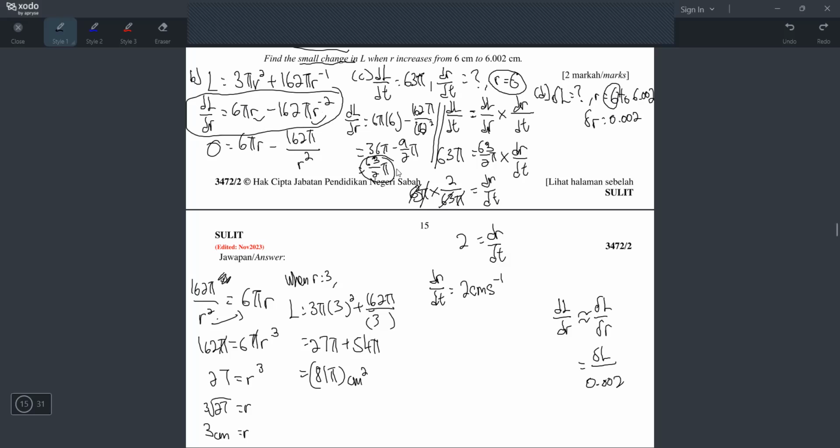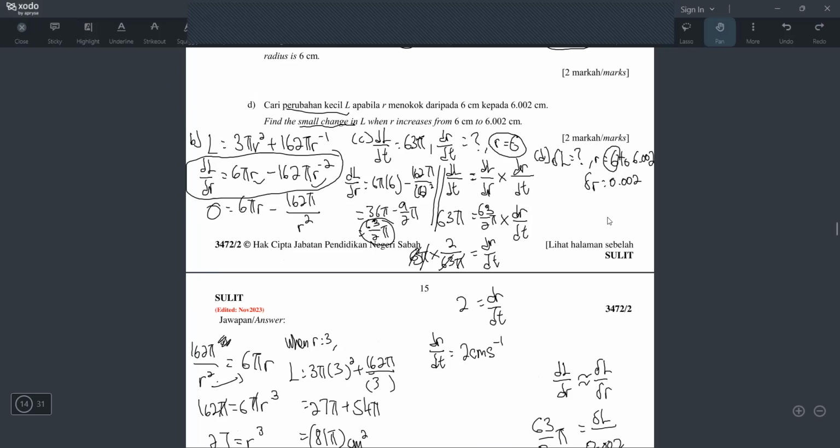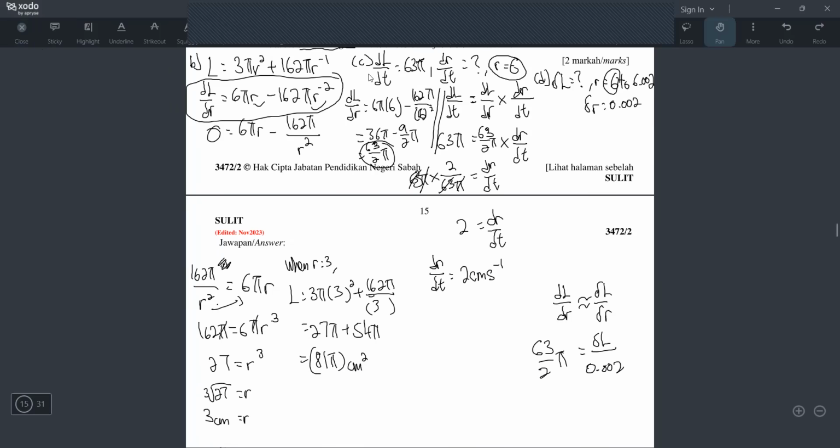That is why the 63 over 2 pi can be used here, right? But you have to be careful because not every time the value you substitute in your previous question is the same as the new question. So for this C question, they actually substitute with 6 also because the R is 6 also for the C. But let's say this one is R is 2. Then the dL/dR here cannot be used here because you have to use 6 to replace inside your dL/dR. But of course, this question is the same, that's why you can do that.